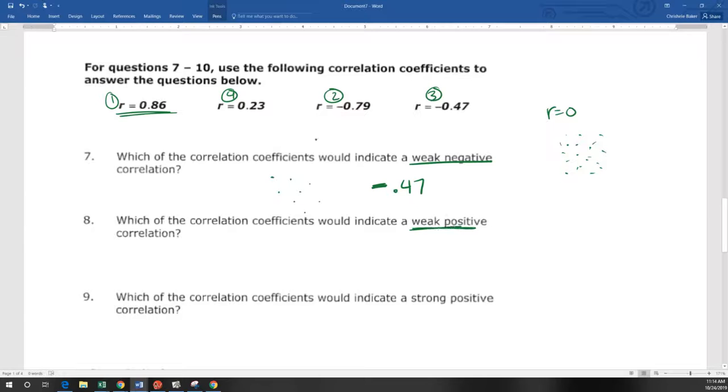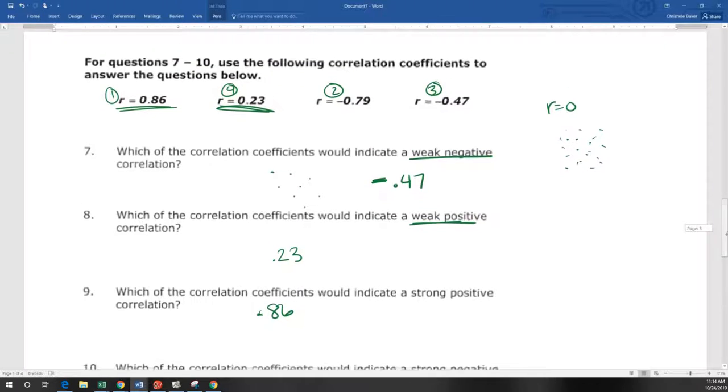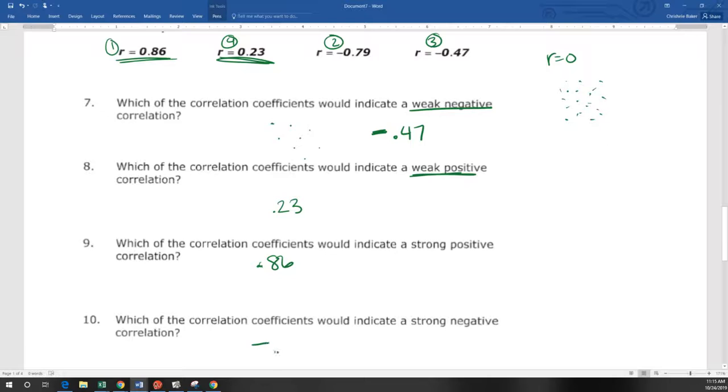A weak positive, I mean, this is really weak, 0.23. Strong positive is going to be this 0.86. And strong negative is the negative 0.79. And I would argue not that strong. A 0.79 is not super strong. I mean, definitely the 0.86 is stronger.